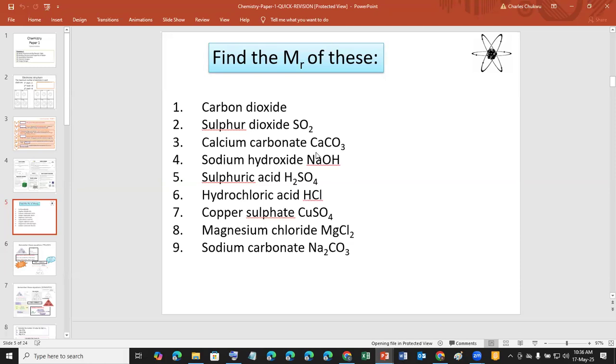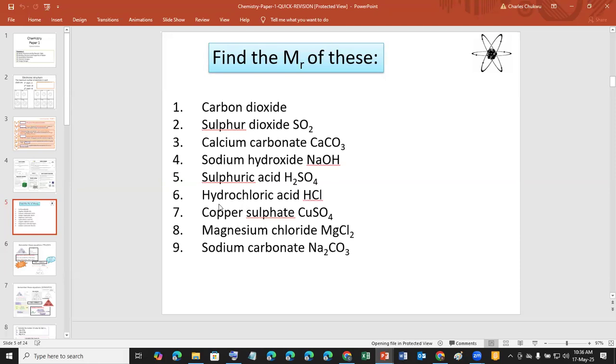Of course, this one has another chemical name, but let's not bother with that for now. Calcium carbonate looks like this. And I told you back then that carbonate, the ATE, suggests that oxygen is there. Carbon is there too. So, sodium hydroxide, you can see how it looks, NaOH, hydroxide.